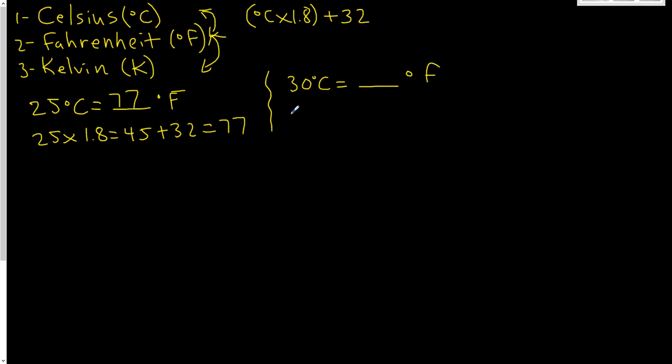Take 30, multiply it by 1.8, and that's going to give us 54, and we're going to add 32 to it, and that is going to give us 86 degrees Fahrenheit. Okay?